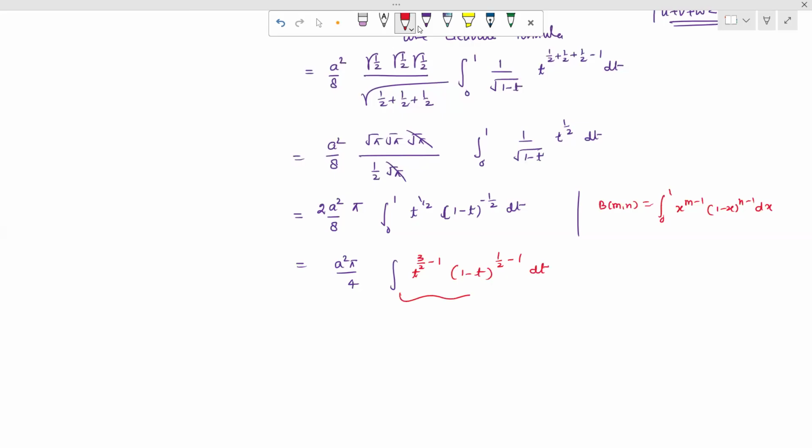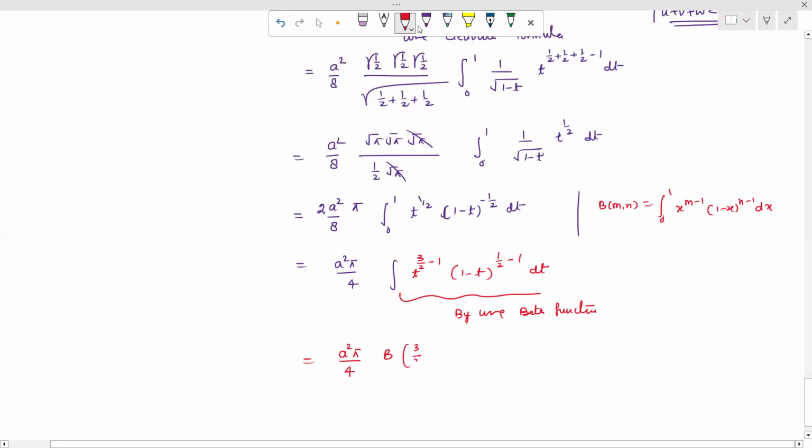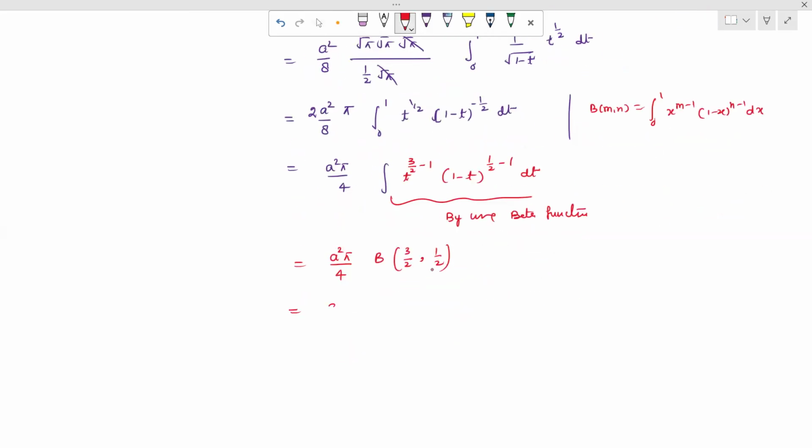अब यहाँ पर हम क्या कर देंगे, बीटा की डेफिनेशन, तो by using beta function definition. So when we use beta function, so this can be written as a² pi upon 4. तो ये कितना हो जाएगा हमारा, beta 3/2 हो जाएगा, और इधर से क्या आ जाएगा, 1/2. सो beta 3/2 and 1/2. सो what is the value of this, तो a² pi upon 4, और रिलेशन यूज करेंगे बीटा गामा, तो ये हो जाएगा गामा 3/2 गामा 1/2 अपॉन गामा m+n. तो 3/2 प्लस 1/2.